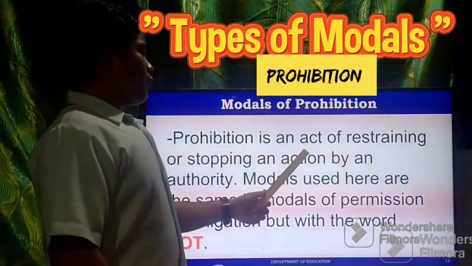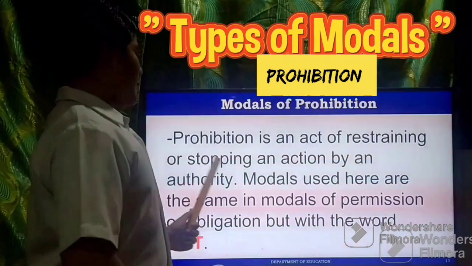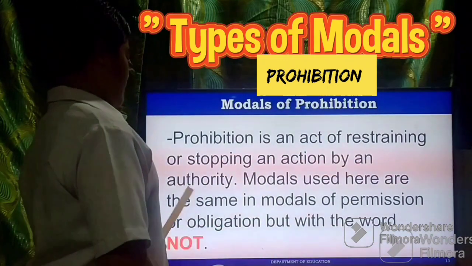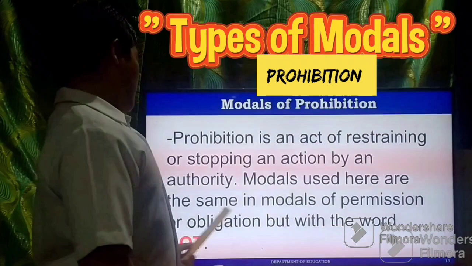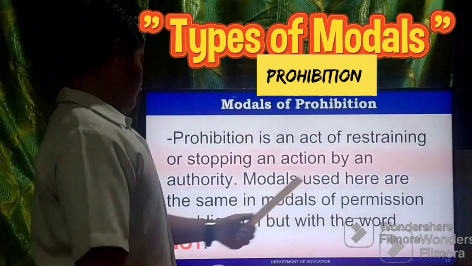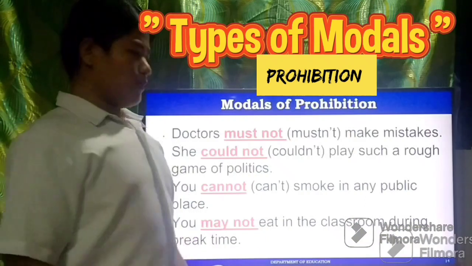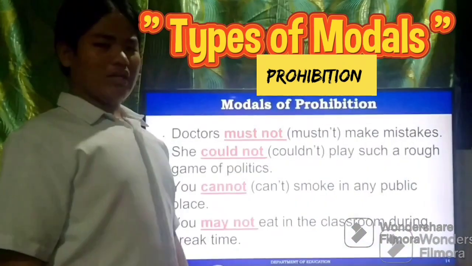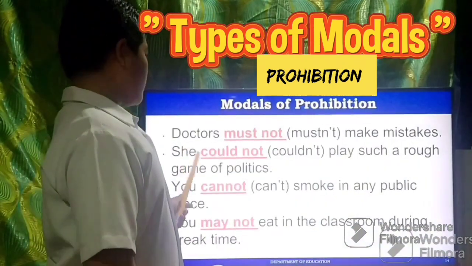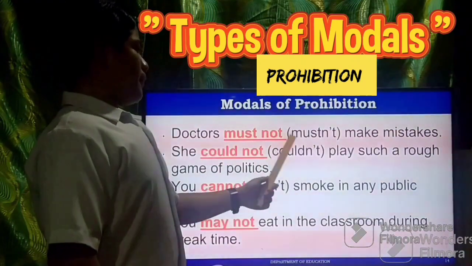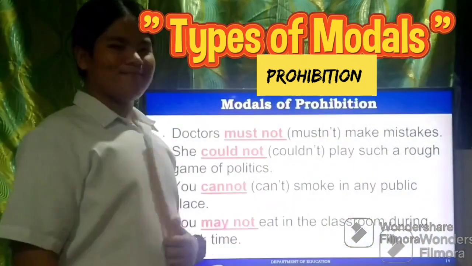Modals of prohibition. Prohibition is an act of restraining or stopping an action by an authority. Modals used here are the same as in modals of permission or obligation but with the word not. Here are example sentences using the modals of prohibition. Doctors must not or mustn't make mistakes.